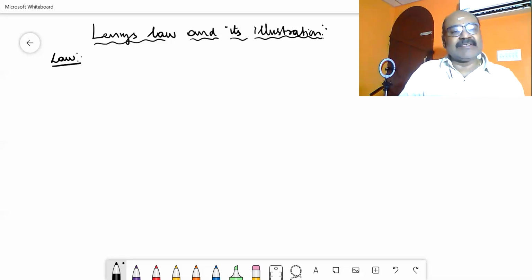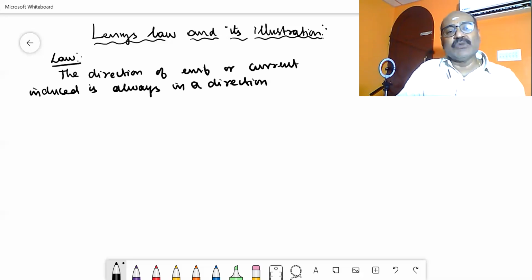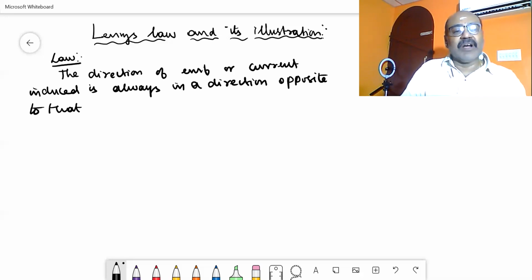So the law states that the direction of EMF or current induced is always in a direction opposite to that of the cause.